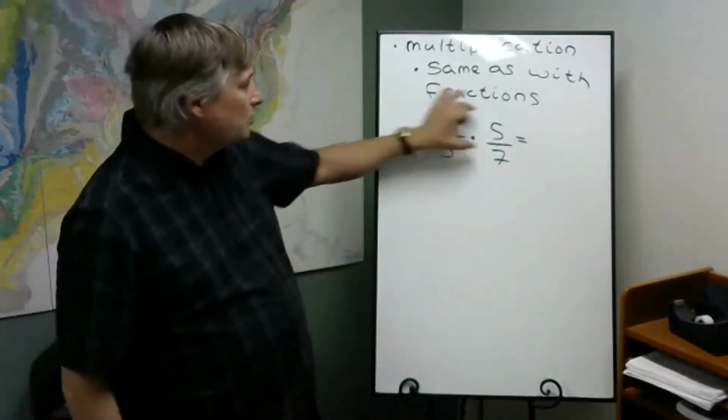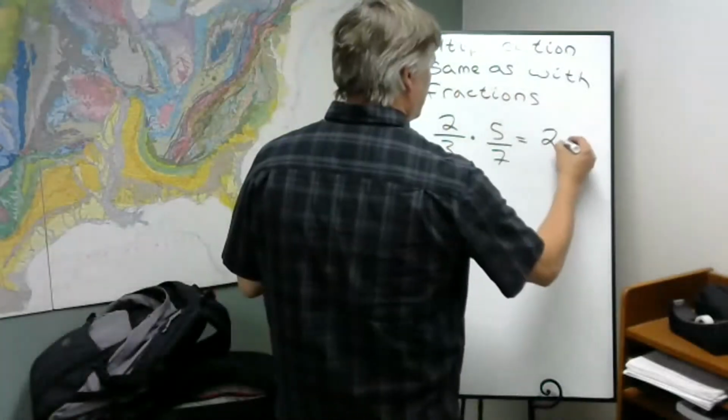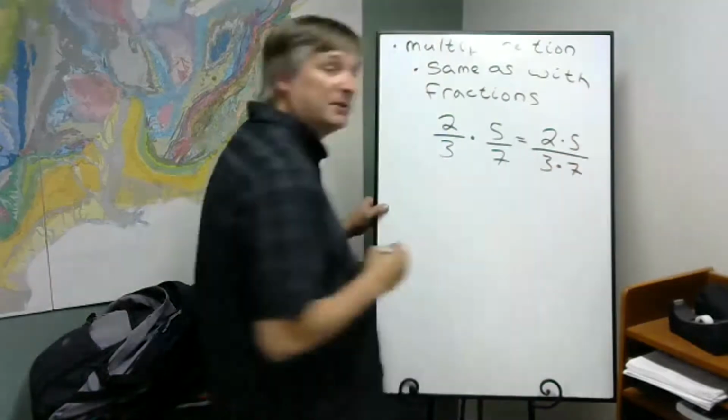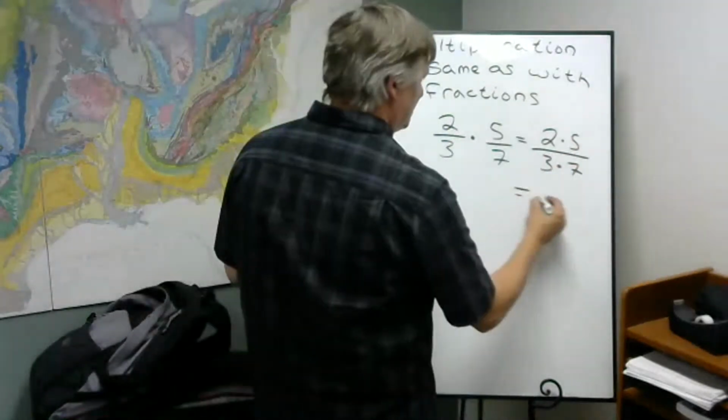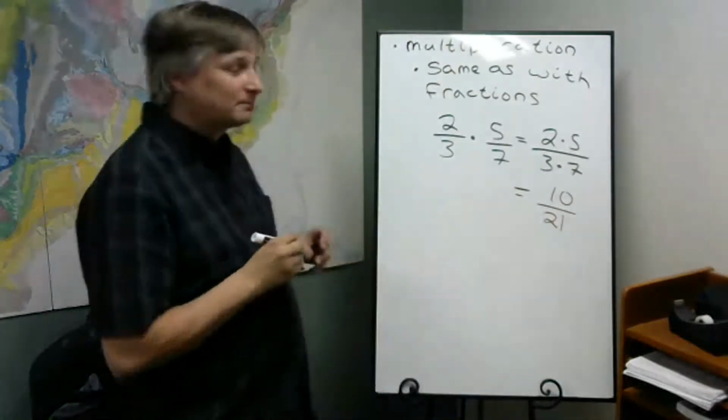Well, what we do is we multiply directly across. So you have 2 times 5 over 3 times 7, and you'll get 10 over 21.